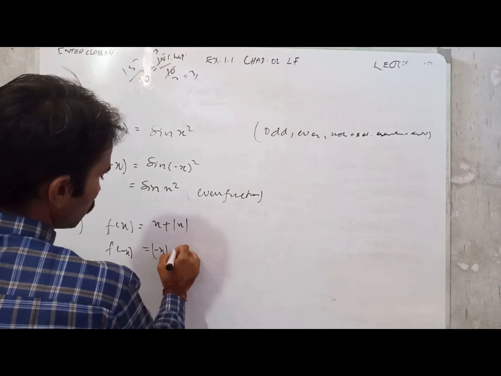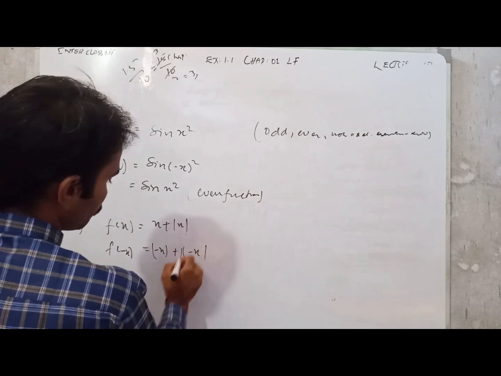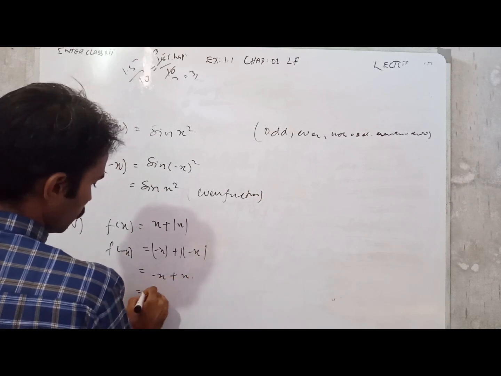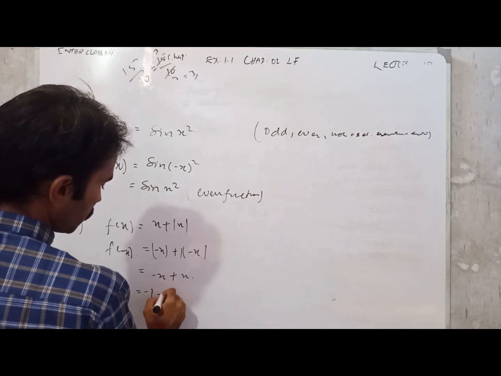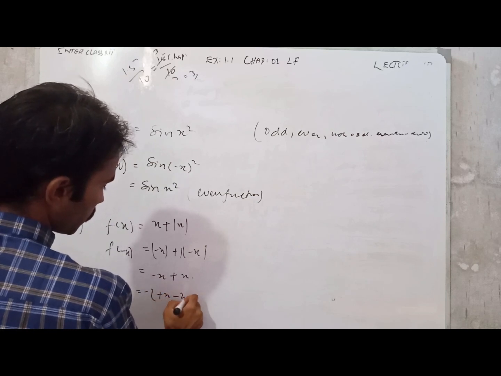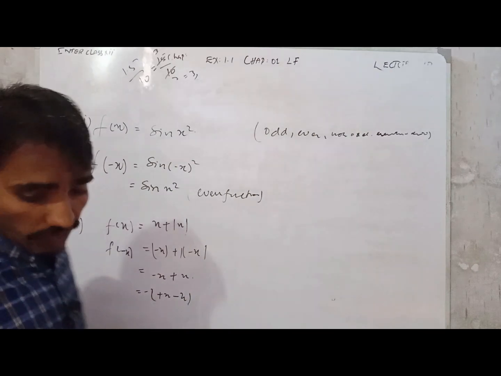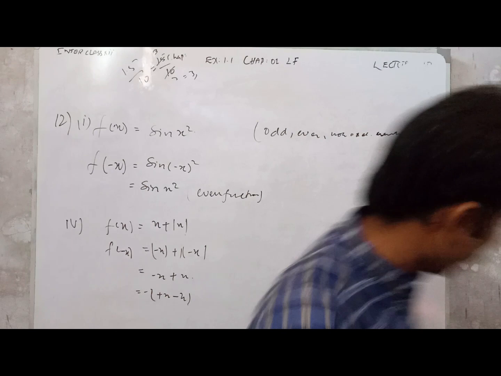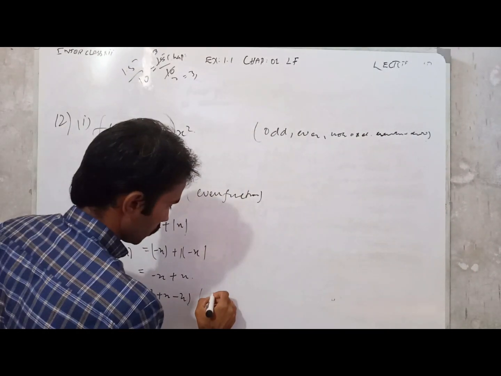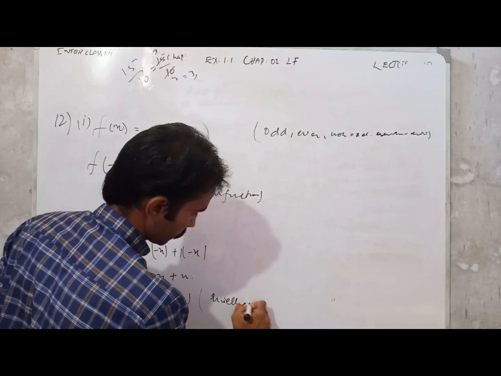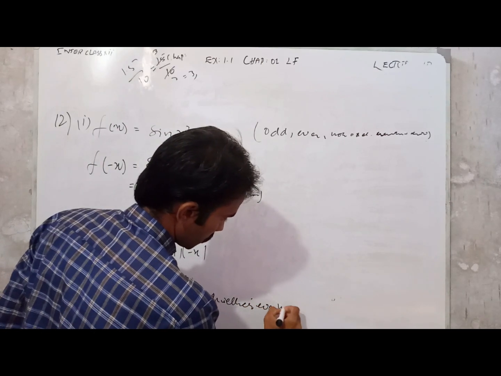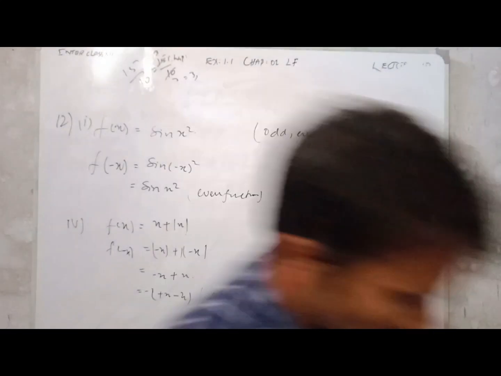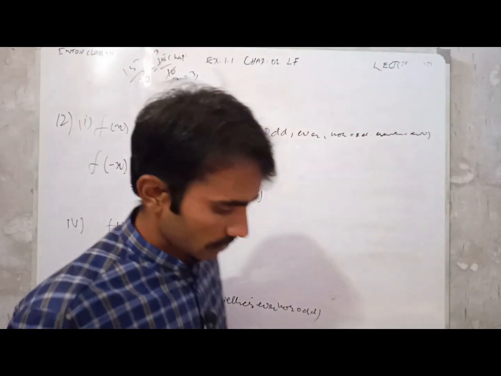Minus x plus minus x, we will get the common x minus x. So this is neither even nor odd. So that's all about the question.